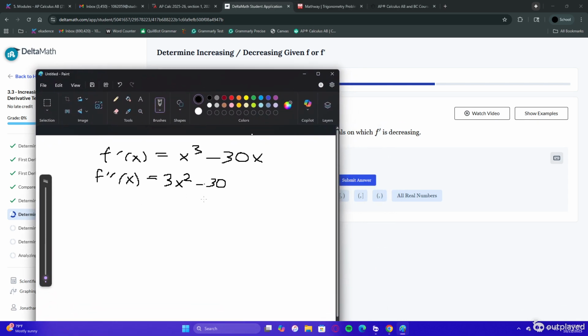Solving for 0, if you take out a 3, you would just get x squared minus 10, so x squared equals 10, and x equals plus or minus square root of 10.